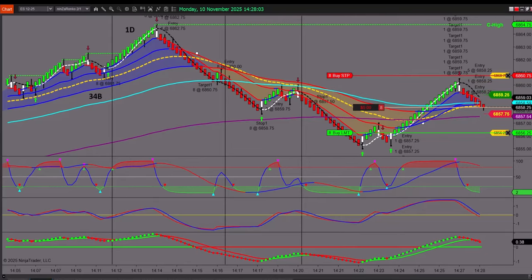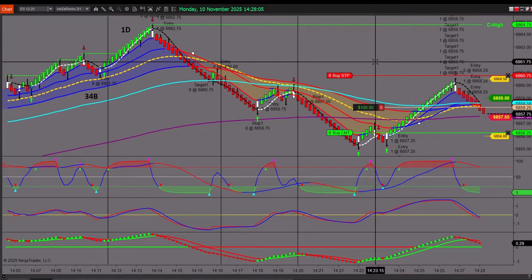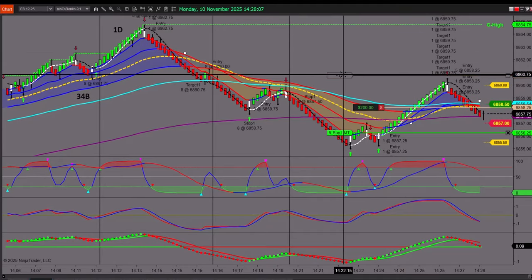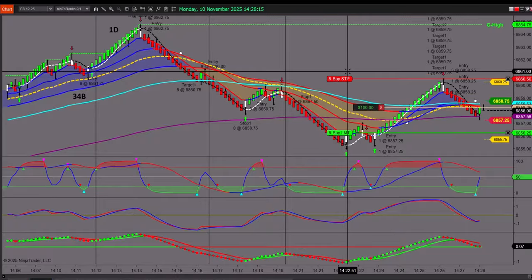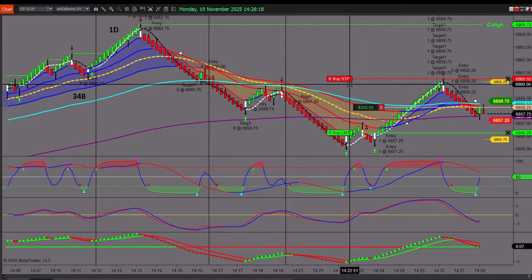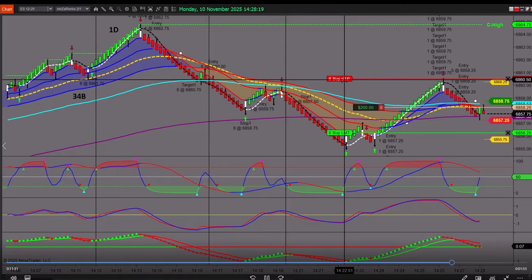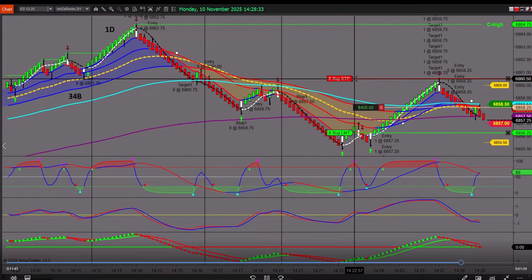So I've adjusted my stop there. I've got a 10 tick stop, and down we come, and I find some support right there at the higher time frame EMA, and potentially a bit of a bounce. I'm just bringing my stop down, by the way, so I'm 1 tick above the high, and I'll just move this along a little bit.